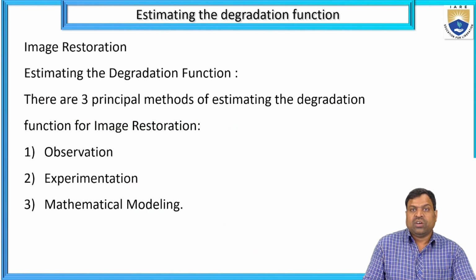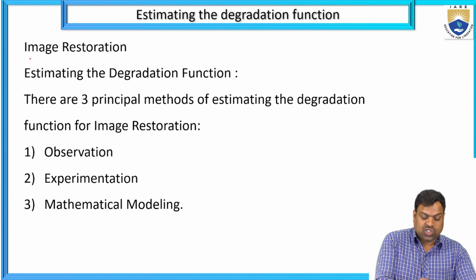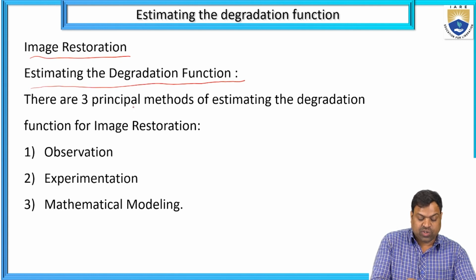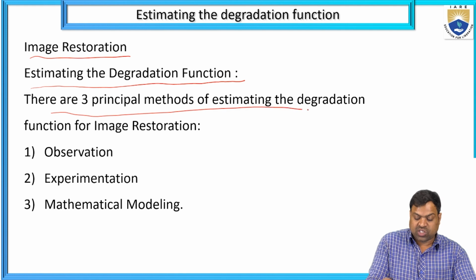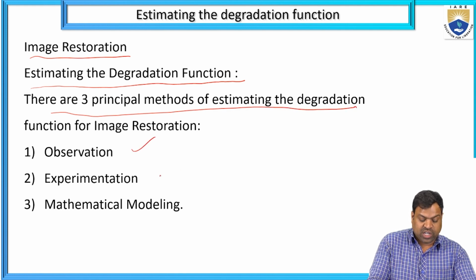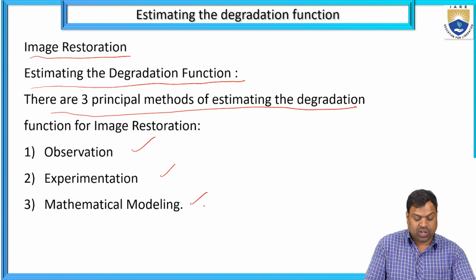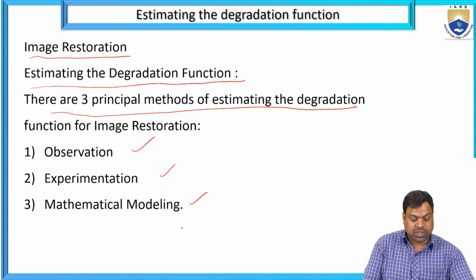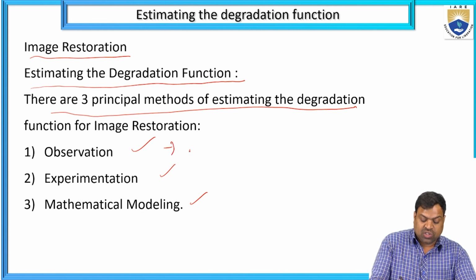So in image restoration, what does it mean? It means estimating the degradation function. In image restoration, first we have to find out how to estimate the degradation function. There are three principal methods of estimating the degradation function: observation, experimentation, and mathematical modeling. Observation means noisy or noiseless.